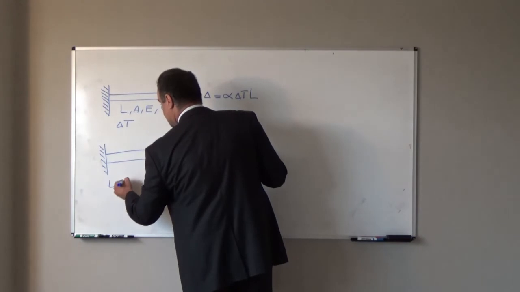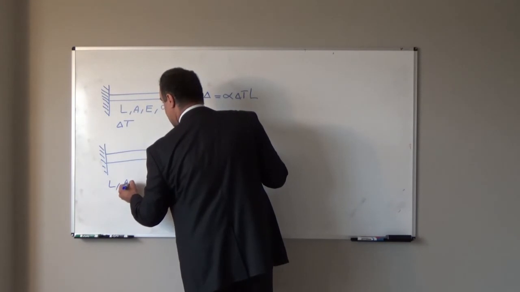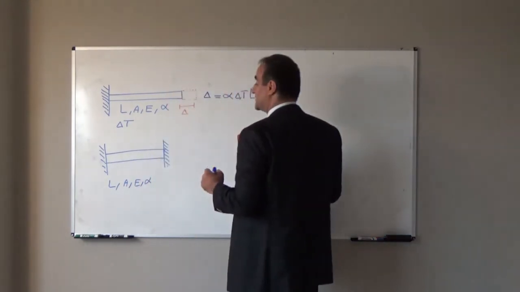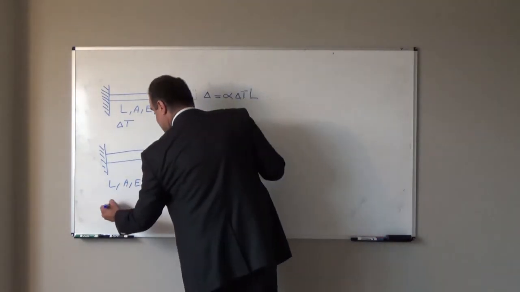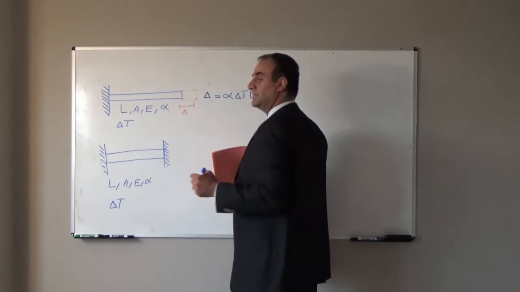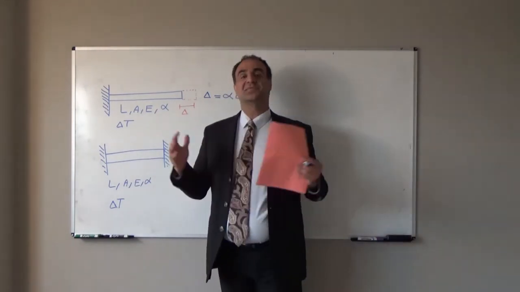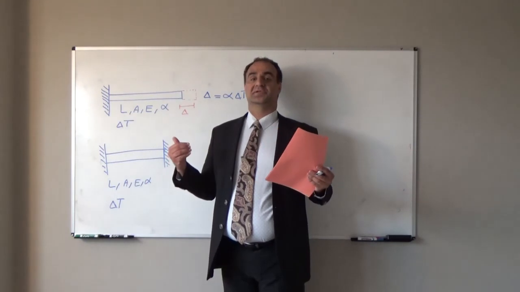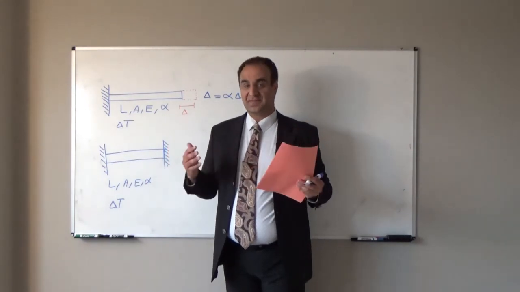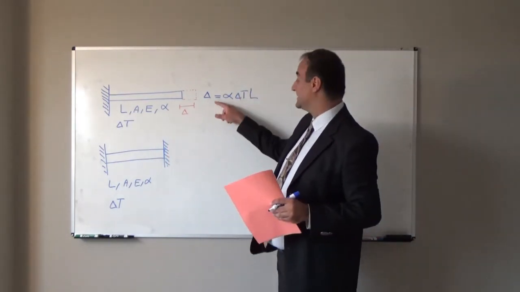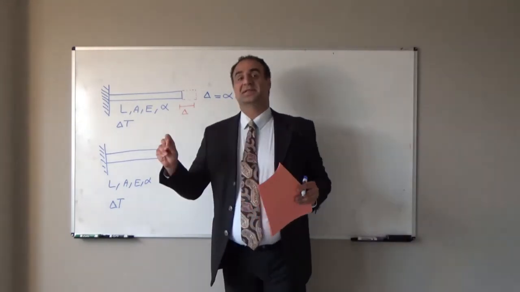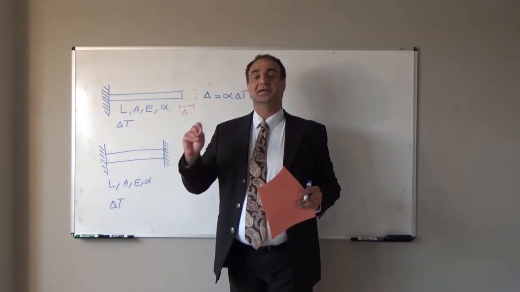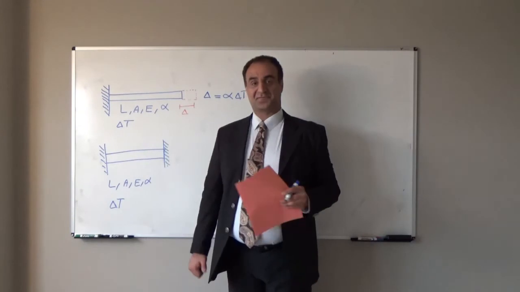Length is L, cross-sectional area is A, Young modulus is E, thermal expansion coefficient is alpha, and I increase the temperature by delta T. This rod wants to deform, but there is no space for deformation. So it cannot deform. We will not see delta. But instead, we will have internal thermal stress inside of the rod.